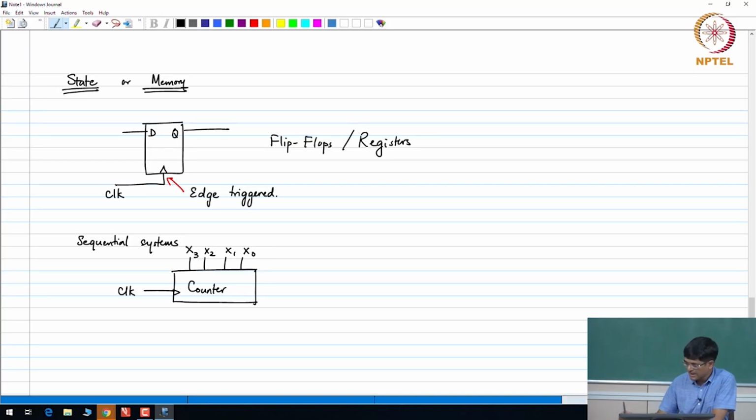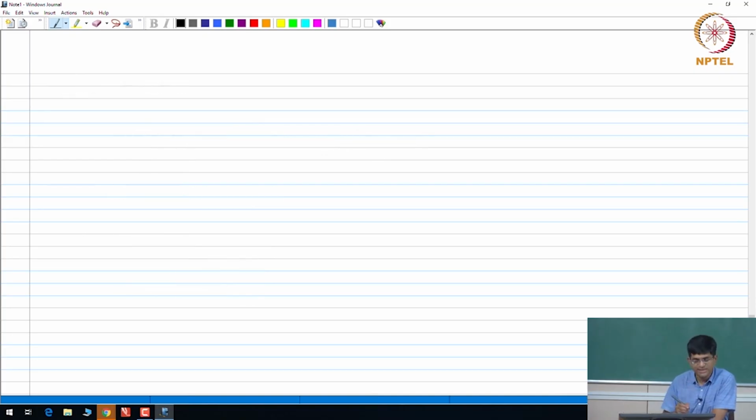Now, combinational logic and sequential systems are combined together, and the most fundamental use is to implement something called a finite state machine. Finite state machines are in some sense a generalization of the idea of a counter. Effectively, there is some set of registers; I am just using this to indicate that there is more than one.